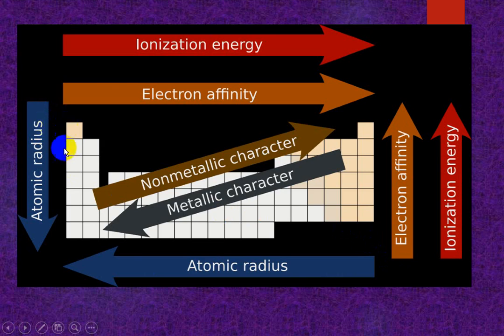Atomic radius increases from top to bottom because shell number increases. From left to right it decreases because shell number remains the same, but more electrons are added, so more attraction, and the atom becomes compact. For this reason atomic size decreases from left to right but increases from right to left. So I have explained today two topics: atomic radius and melting and boiling points, periodic properties.